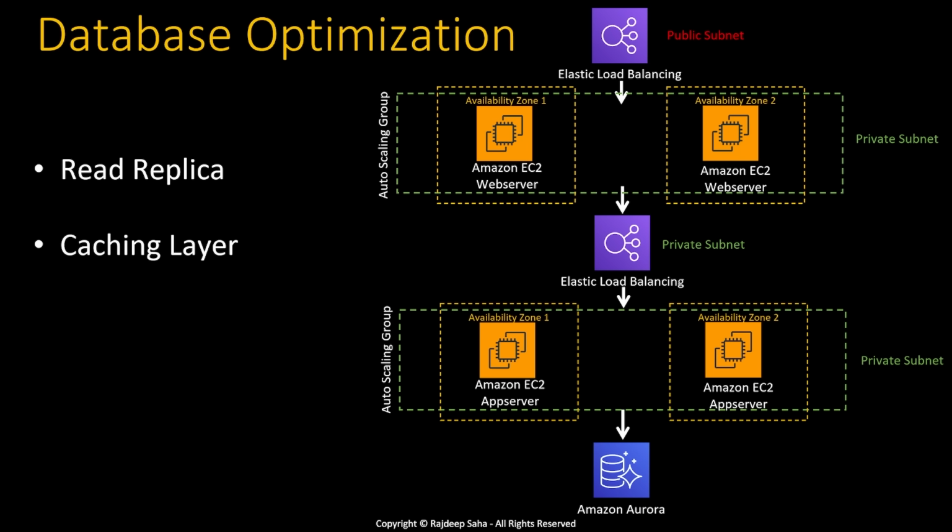You can also introduce a caching layer using Amazon ElastiCache. And you can also utilize caching in different layers of the architecture. So please refer to the caching lecture for details on this. And beyond that, there is always traditional query tuning for your application.